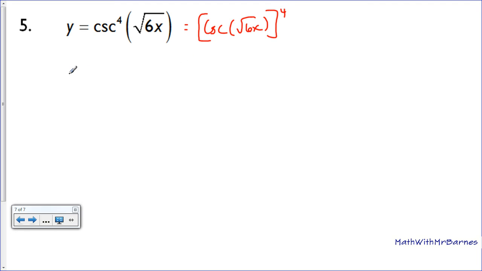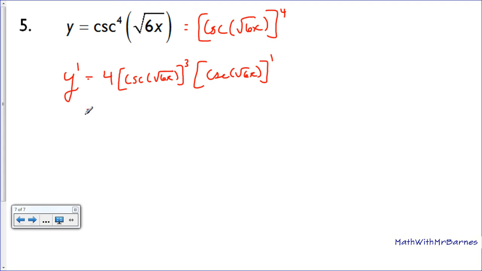So I'll do the derivative of this guy. So 4 comes down in front, and the derivative of, sorry, got ahead of myself, don't want to do that. 4, then I put my cosecant back inside here, cosecant of square root 6x, and then I drop a power 3. Then I have to take the derivative of that cosecant of root 6x.